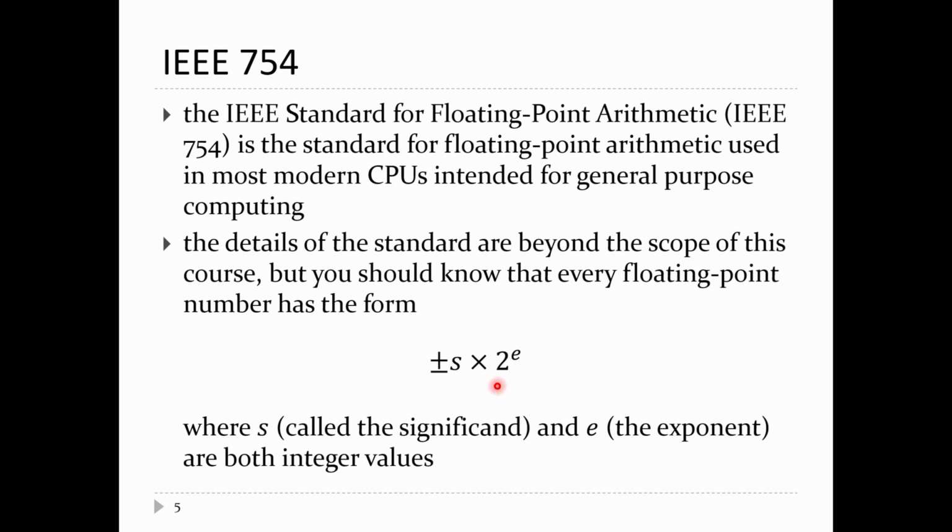The 2 shouldn't surprise you, because your computers are binary. They're all digital, so they use binary as their internal representation. That's where the 2 is coming from. The fact that s and e are integers is just the way that the standard was designed. The e can be negative.